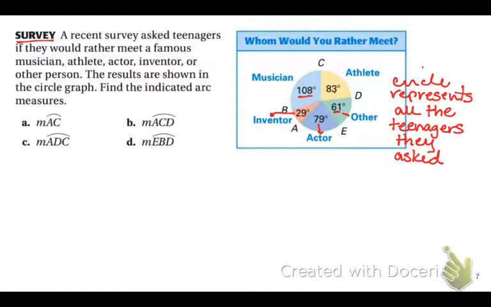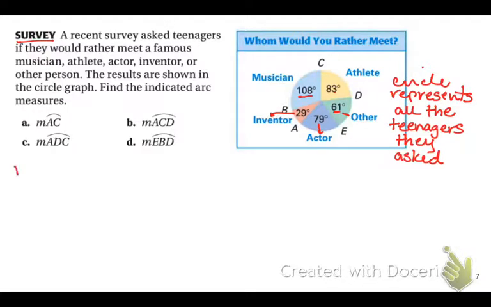I think that's sad because inventors are really cool people. But anyway, I digress. You're asked to find the indicated arc measures. Remember, the measures of the arcs are equal to the angles of the pieces of that pie, the pieces of that circle.